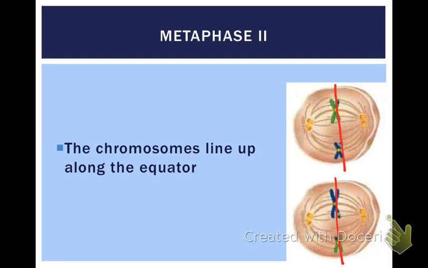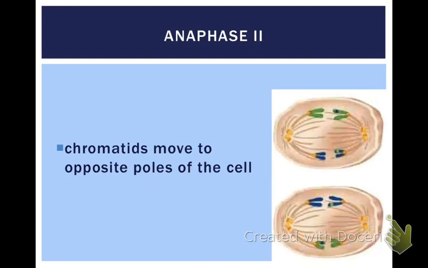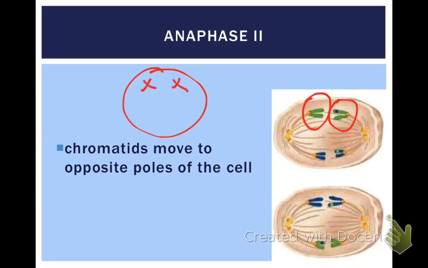Okay, so in metaphase 2, it's just single chromosomes lining up in the middle, so that during anaphase, the chromatids separate. You can see it here, only half of the chromosome goes to opposite sides. If you remember in anaphase 1, entire chromosomes go to opposite sides of the cell, an entire X, if you want to think of it that way.